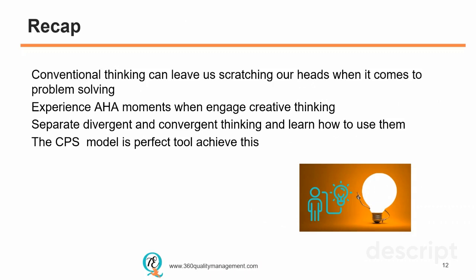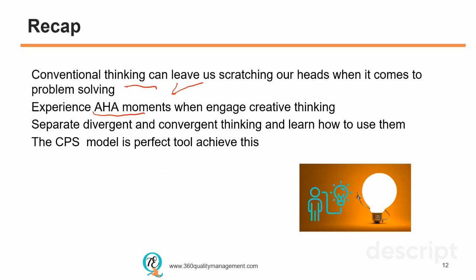Just to recap, what we have learned is that sometimes conventional thinking can really leave us wondering what is happening and not have a solution that really addresses the problem. And we will need that creative thinking to experience the aha moment, okay?